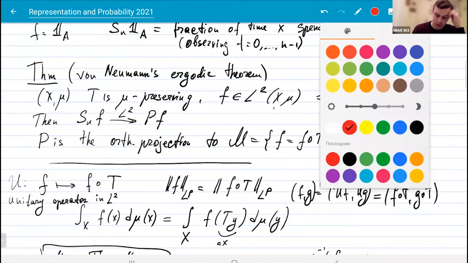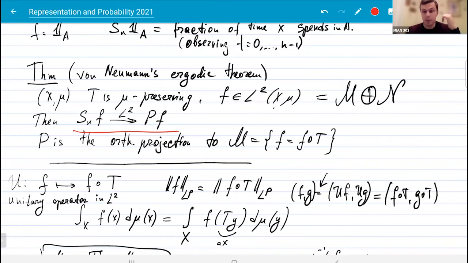Now I want to prove this. So this is my goal. Of course, any function can be decomposed into some part that belongs to M and some part that belongs to N. So let's take some function f and let us decompose it something like this. Well, just fM plus fN.